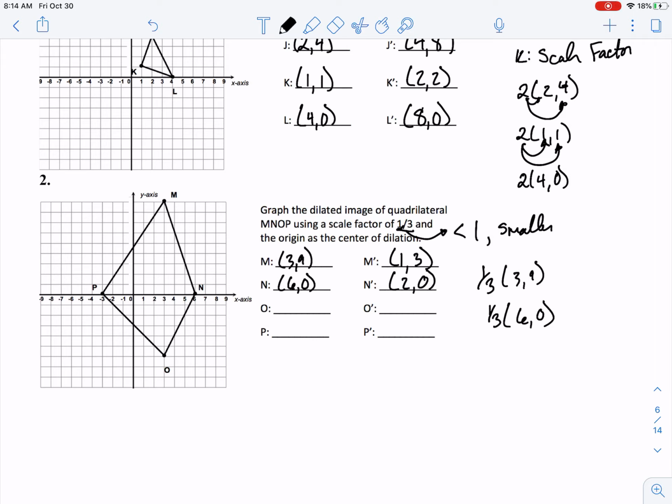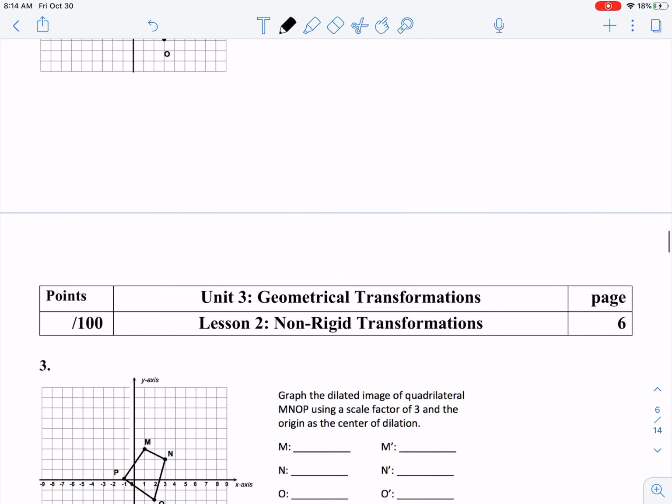And it will become (2, 0). So this is N prime. And then, finish the last 2 points if necessary.